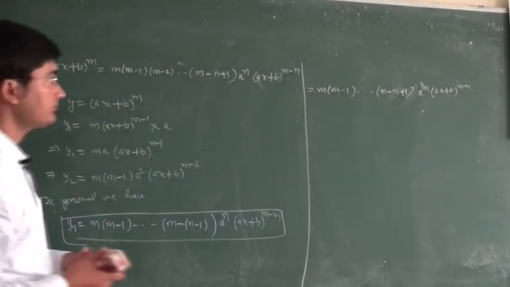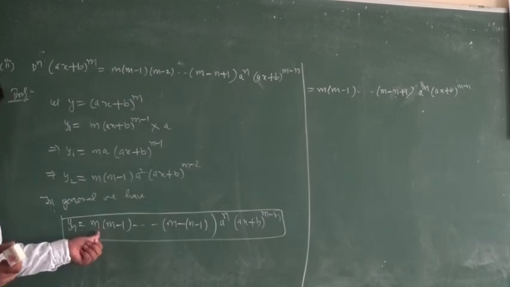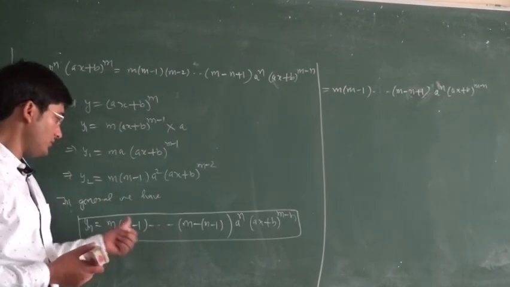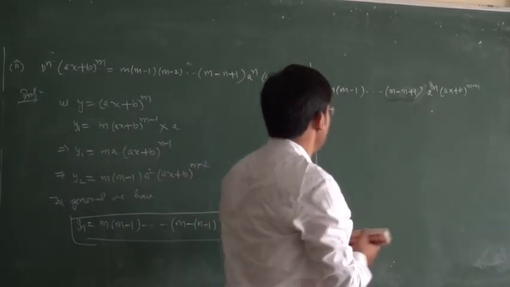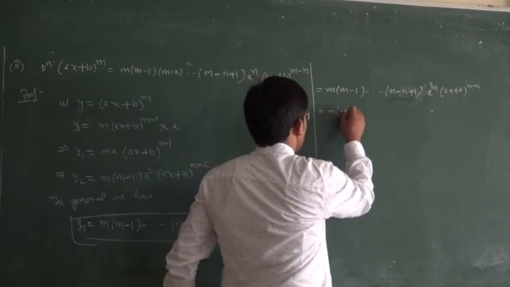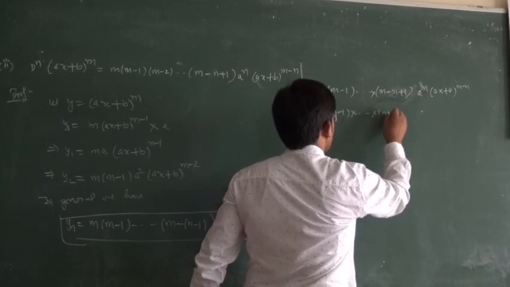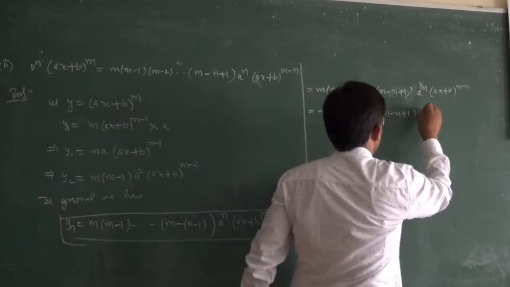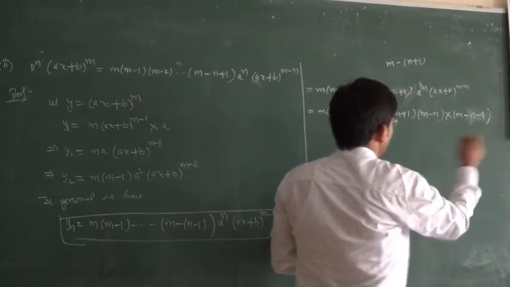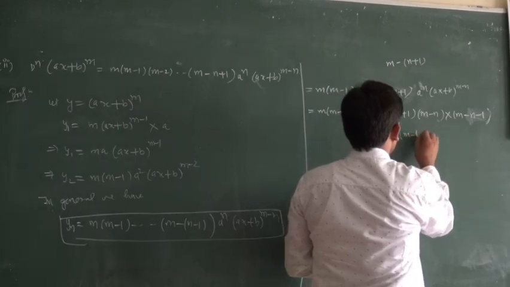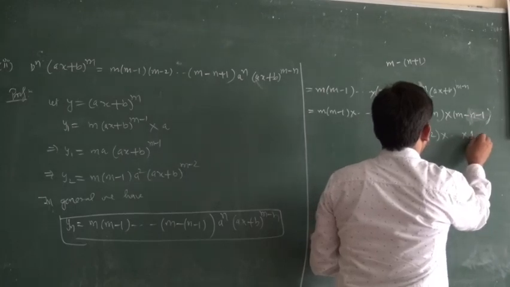Now, okay, here you can see that our next term is 1 less than m, then the third term will be 1 less than m-1. So the next term of this one will be 1 less than this quantity, so we can write it as m-n, and then we will have m-n-1, and then m-n-2, and let us write the last one as 1.